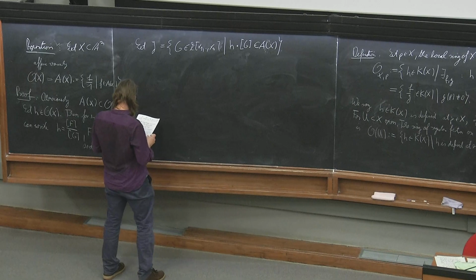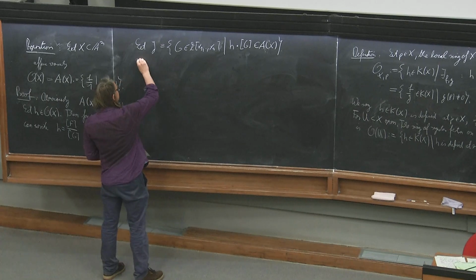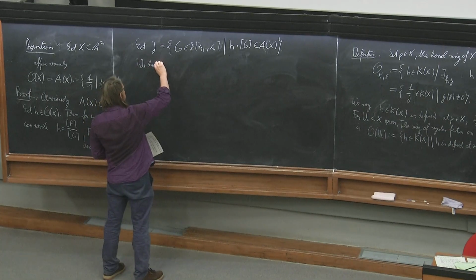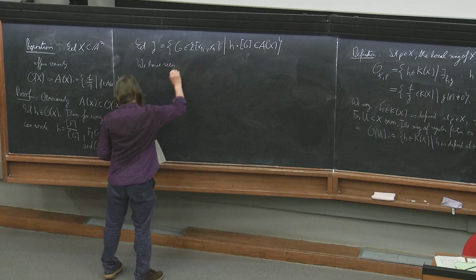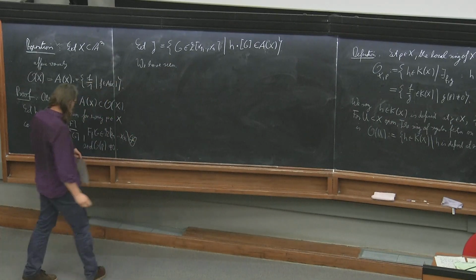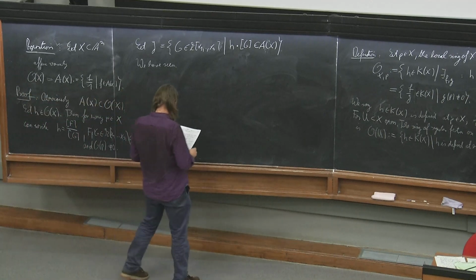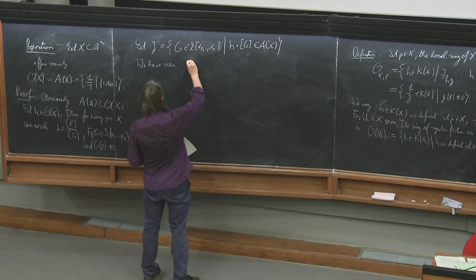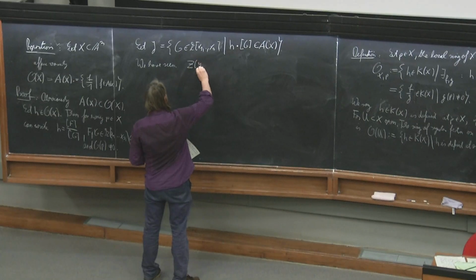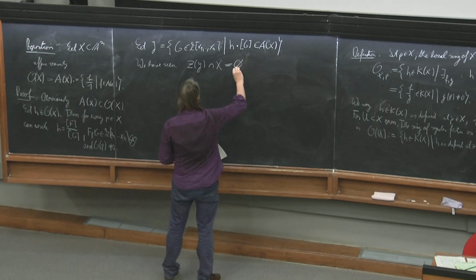Now, we have just seen that if we take the zero set of J intersected with X, this is the empty set.